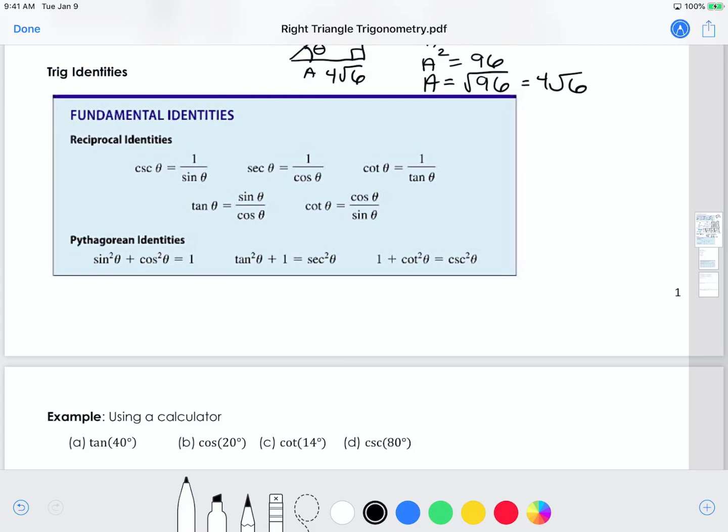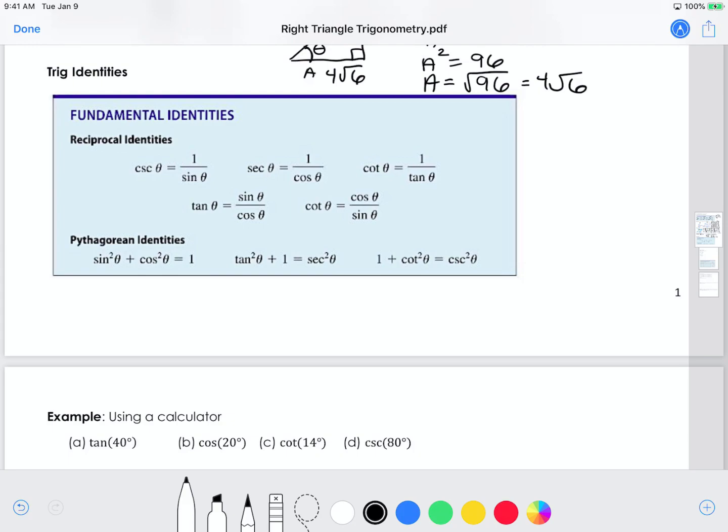Now, in this blue shaded box in your notes, we have the fundamental identities. And these are equations that represent ways to show the relationship between 2 different trig functions. And we can use these to find trig ratios in addition to looking at triangles.